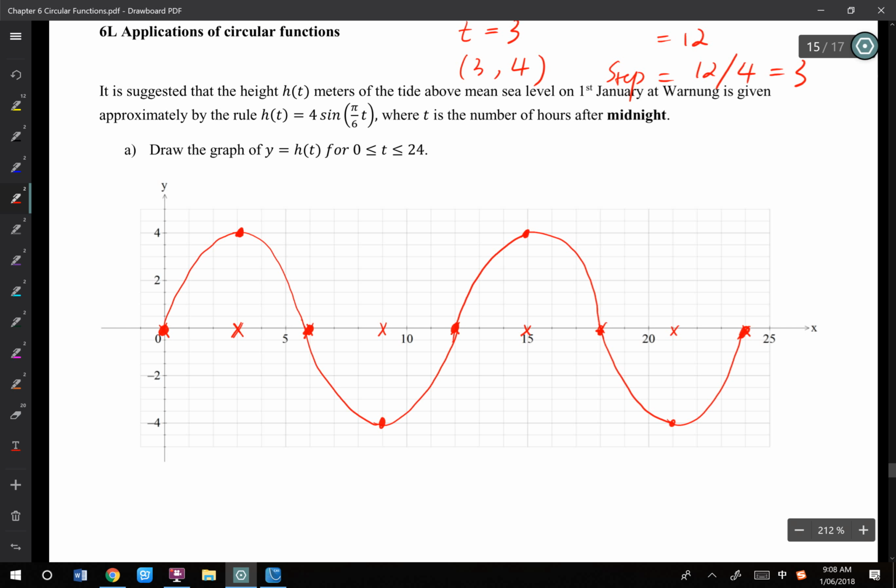Okay, that's the shape of the graph. It's very quick to sketch. You can see that if you're really familiar with this method. You just solve for a maximum point, count the step size, and then label all the points. It's a very nice and easy graph.